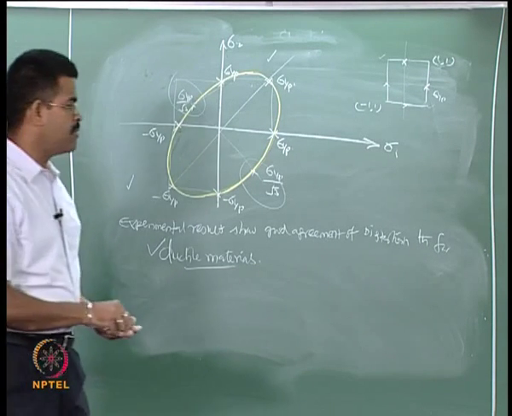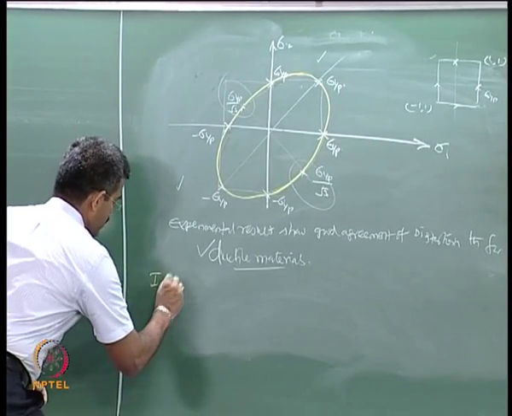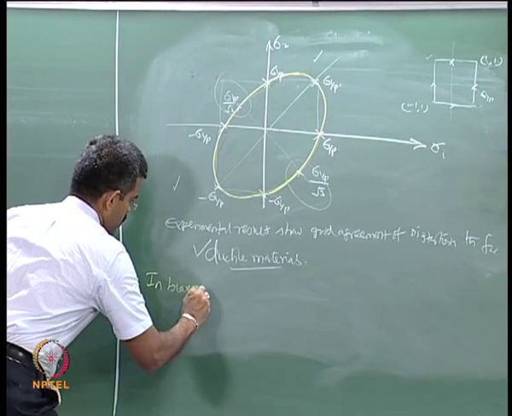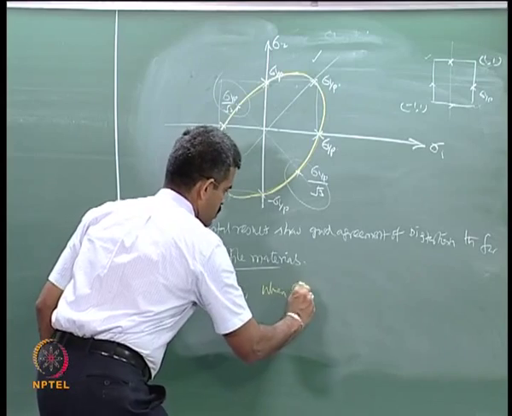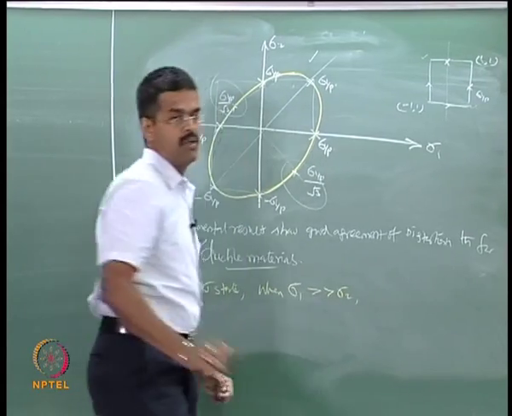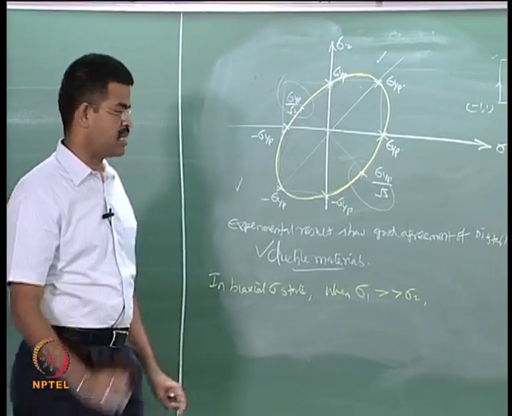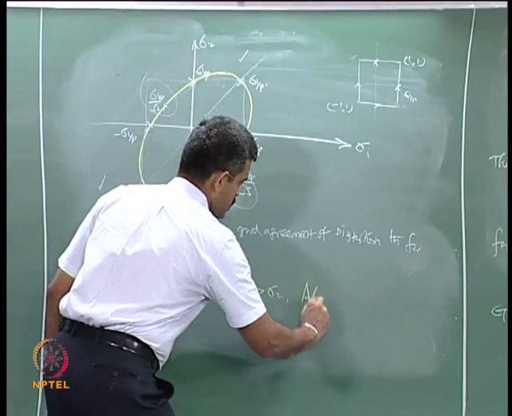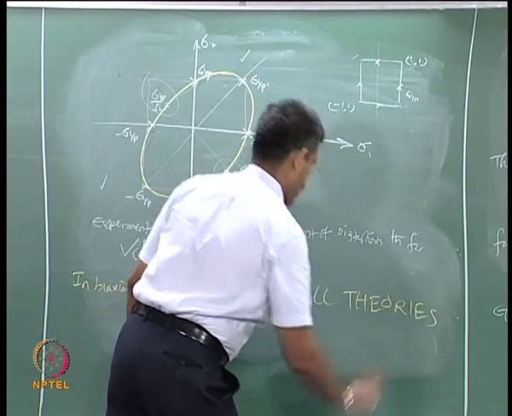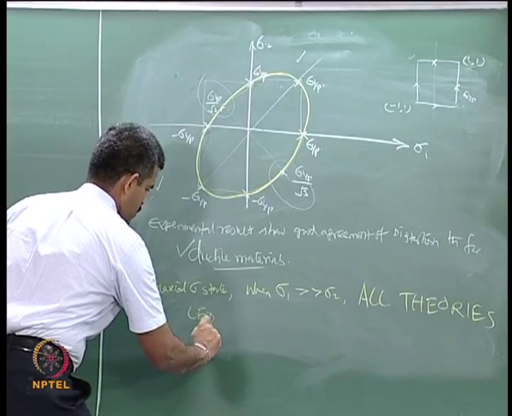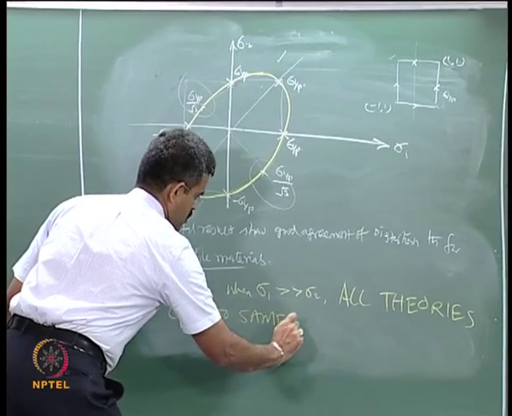There is a very important statement we want to make here. When in a biaxial stress state, when sigma 1 is very large compared to sigma 2, when one of the principal stresses is very large compared to the other, all theories lead to same results.